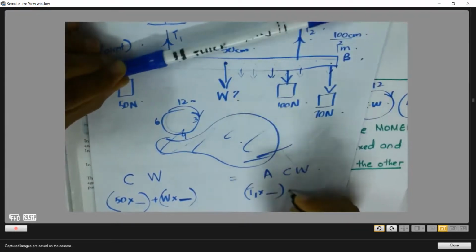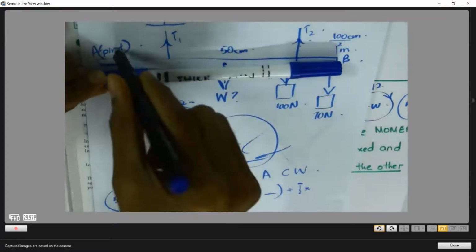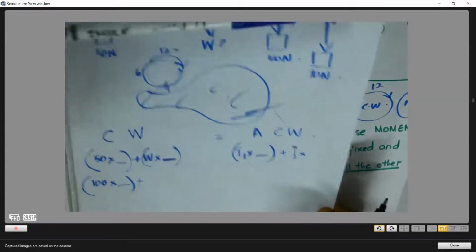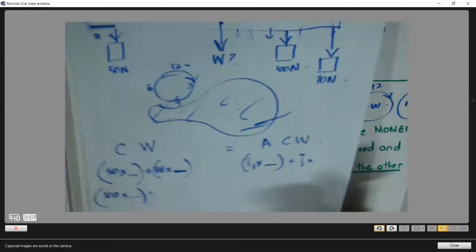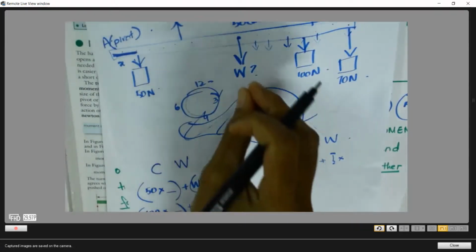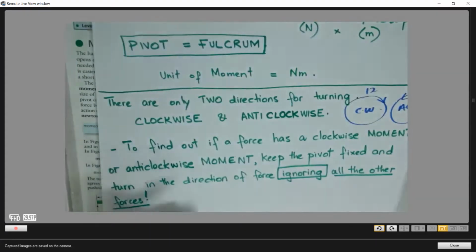So then T2 multiplied by the distance between T2 and the pivot, okay? So on and so forth. I hope you got the idea. So this is how you're going to decide whether a force is having a clockwise or an anti-clockwise turning effect.